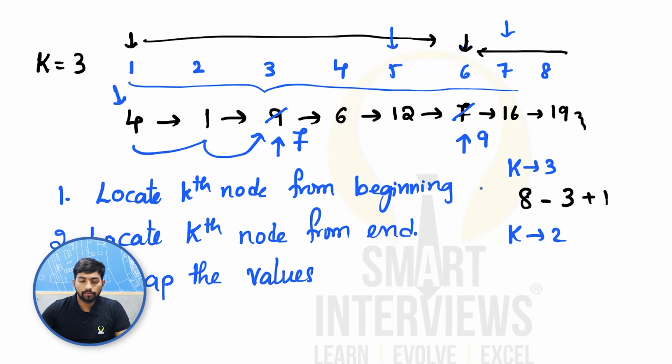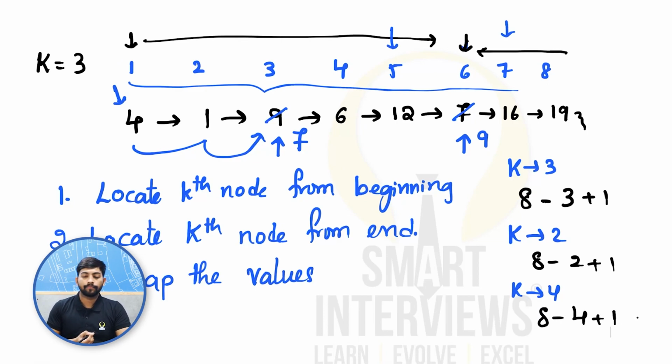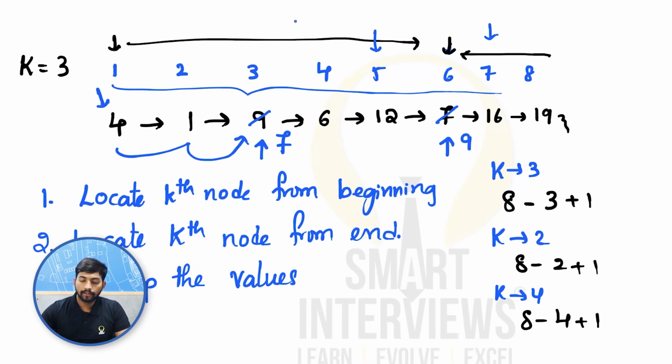K is equal to 2: 8 minus 2 plus 1. K is equal to 4: 8 minus 4 plus 1. Now here we get 6. We get 7 here. We get 5 here. This is what we wanted. So this is turning out to be working in each and every condition.